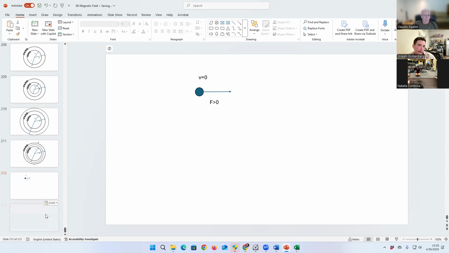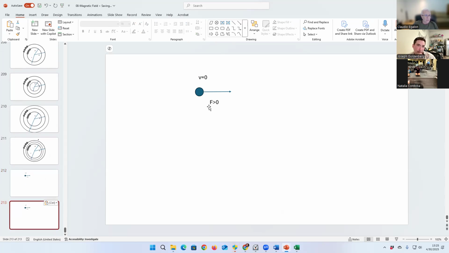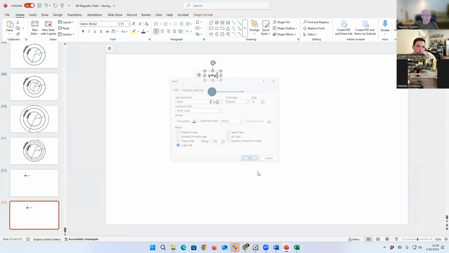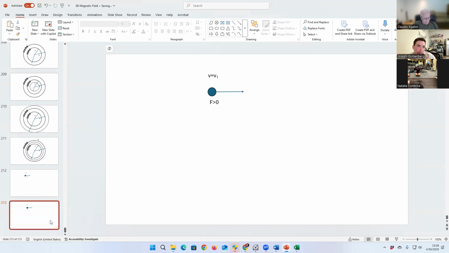A little bit later, this force is going to move this object to the right, and the velocity is no longer going to be 0. The velocity now is going to be v1.